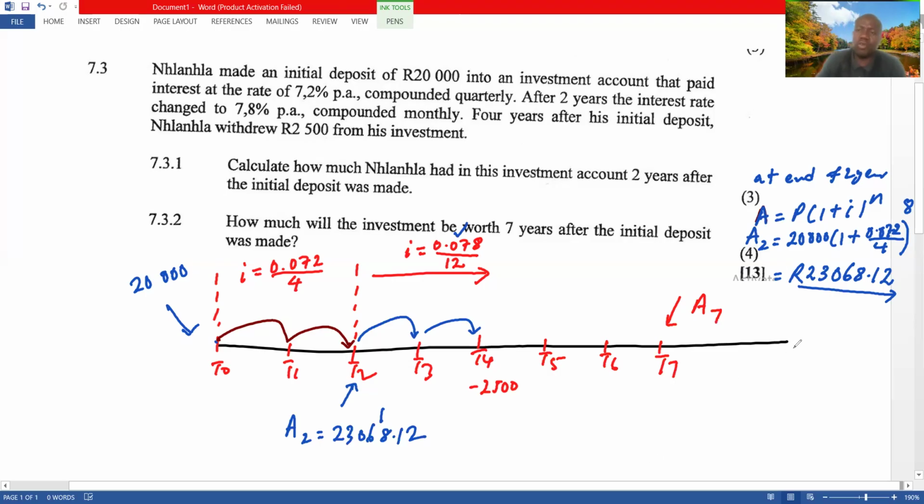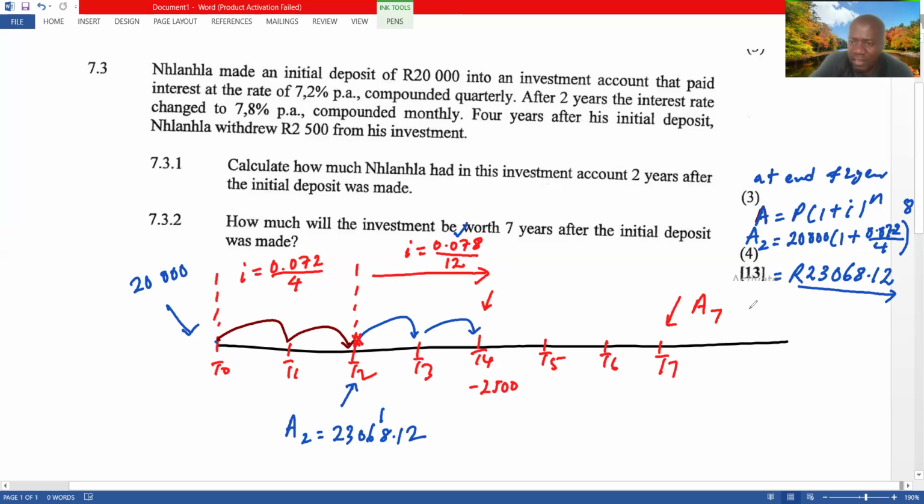Now we know that at the end of 2 years, Nhlanhla will be having 23,068.12. So we are going to take this amount and increase it up until T4, so that we can know the value of his investment before he made a withdrawal of 2,500.